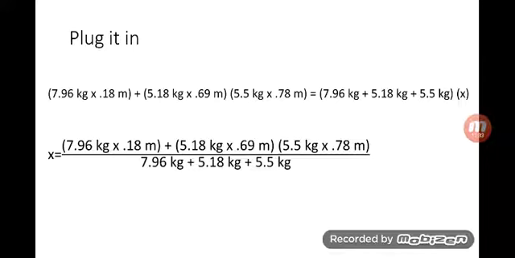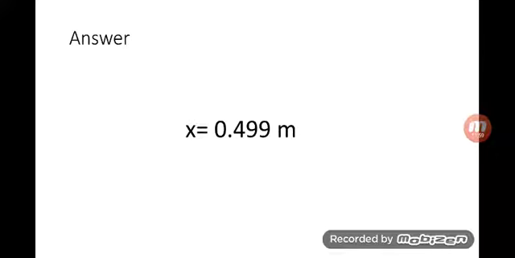So once you multiply all of it, which is 7.96 kg times 0.18 meters plus 5.18 kg times 0.69 meters plus 5.5 kg times 0.78 meters, then divide it by the total summation of mass, which is 7.96 kg plus 5.18 plus 5.5 kg, you'll get x, which is 0.499 meters. All you have to do is maintain unit consistency, and this chapter should be easy.